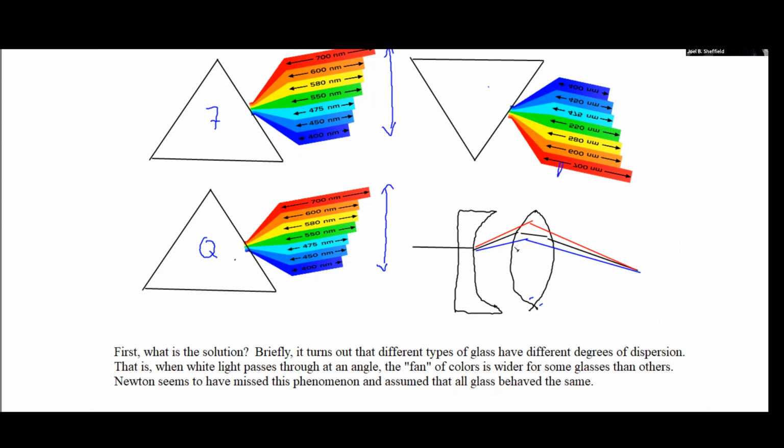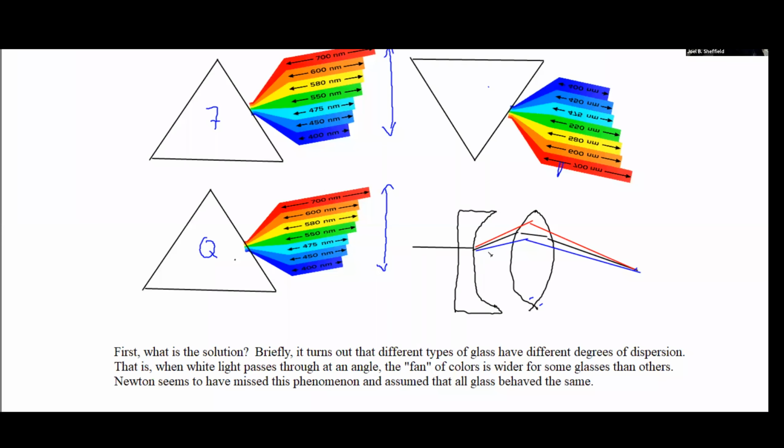So that what happens is that if you now follow, say, the red light that comes out of a beam of light that goes through this concave lens, it's refracted to a certain extent, and then it goes through the convex lens and it's refracted in the other direction.